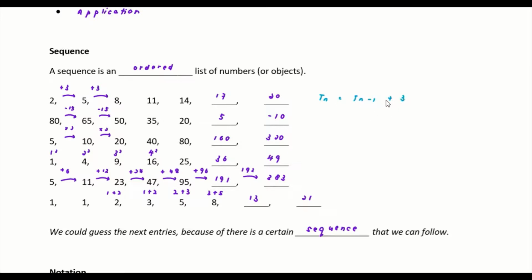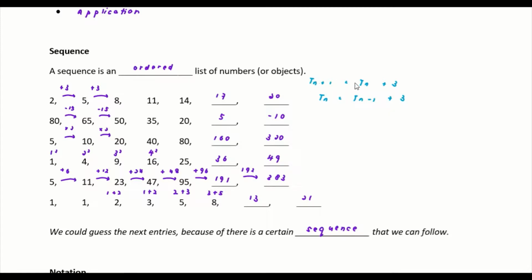Let me repeat again. It's the same thing if you want to write it this way, so I hope there's no question like, teacher, can I write like this instead? They are just the same thing. But normally for your recursive rule, it will be easier to write it like this, because you want to get the current term, you use the previous term plus 3.